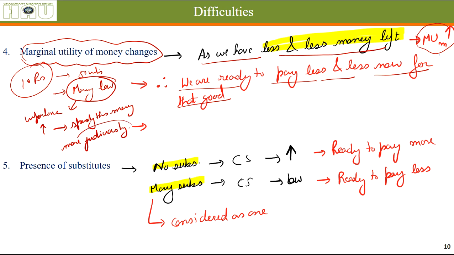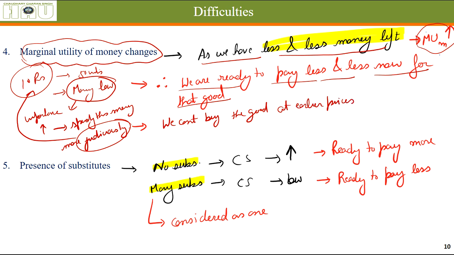Judiciously means we will not be paying the same price for the good. As we have less money now, we cannot buy the good at earlier prices. If somebody wants us to buy that good, the price needs to be reduced.